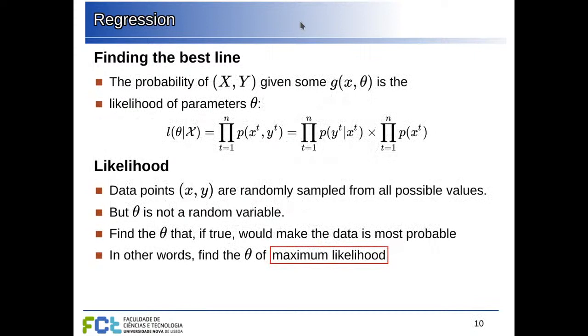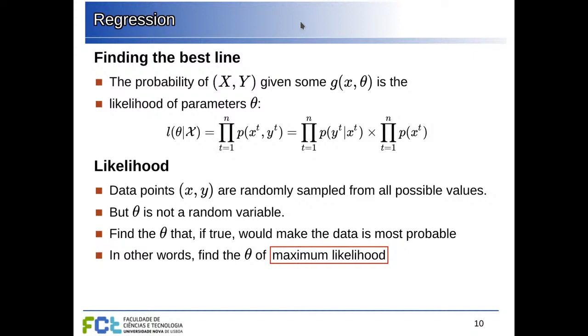So what we want to do here is to find the set of parameters that makes our data as probable as possible. Because if our parameters are too far away from what would give us a good approximation to f, then the line will be too far away from the points, and the probabilities of having those points, if this hypothesis were true, would be low.